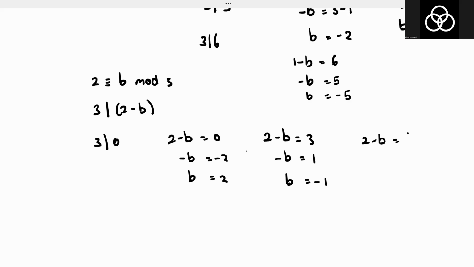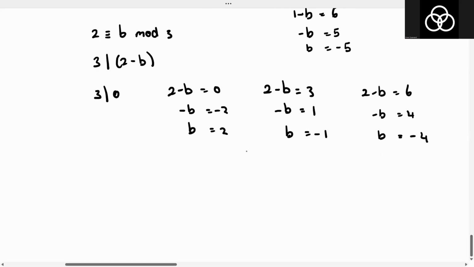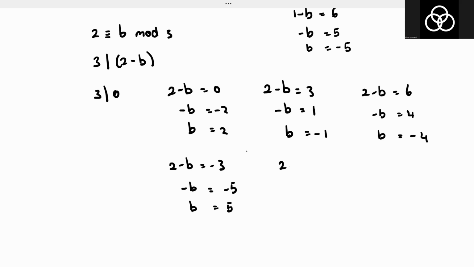2 minus B is 6. Minus B is 4, B is minus 4. And of course, we could go the other way. So 2 minus B is minus 3, so minus B is minus 5, so B is 5. 2 minus B is minus 6, minus B is minus 8, so B is 8, and so forth.